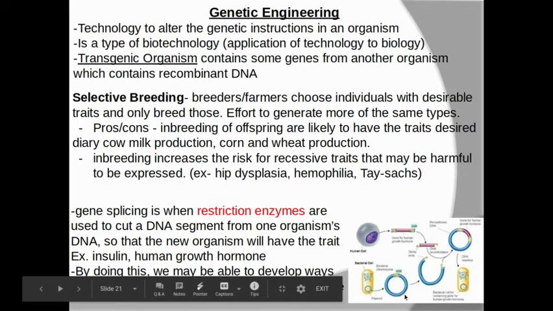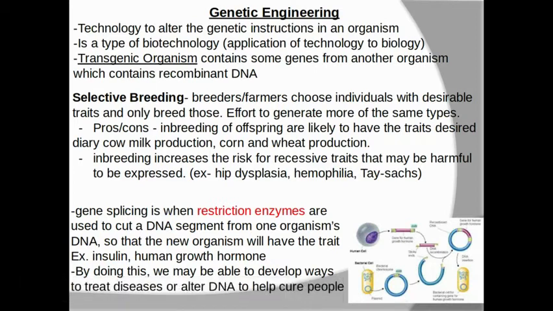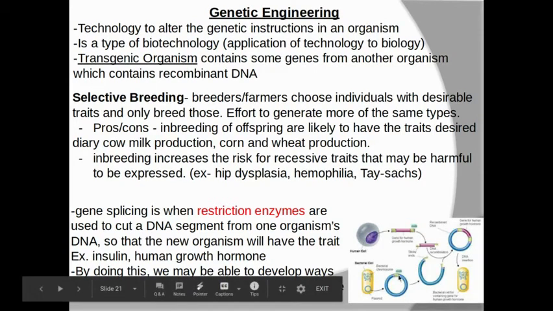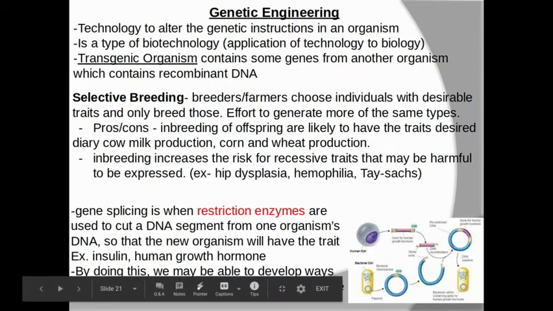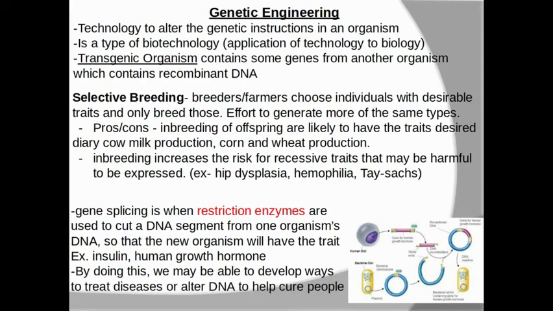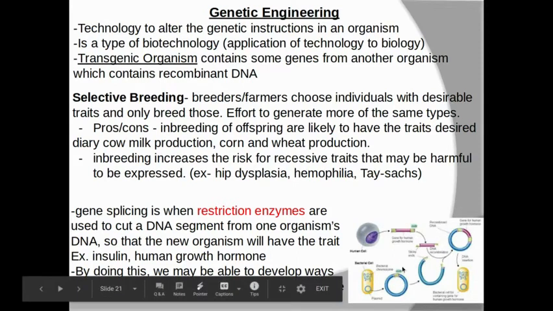This plasmid is just their ring of DNA. So we can cut this plasmid with the specific restriction enzyme like EcoRI or BamHI or HindIII. These are all names of restriction enzymes, and they cut at certain A, T, G, or C sequences.